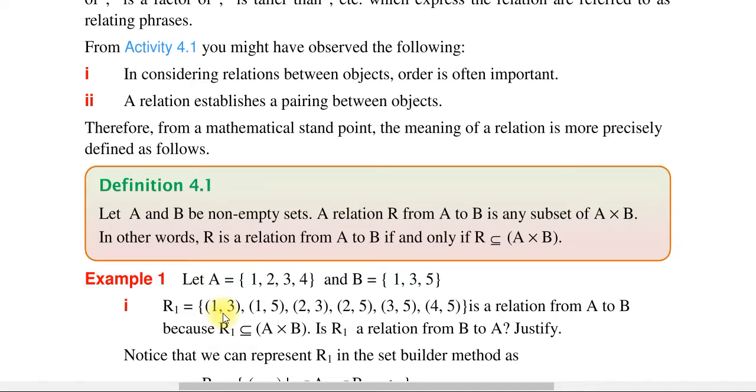R1 is a set of (1,3), (1,5), (2,3), (2,5), (3,5), (4,5) is a relation from A to B because R1 is a subset of A cross B ነው የሚለው። ኦኬ እዚህ ላይ ያለው ዴፊኒሽን እንደዛ ነው። ያ ማለት a relation R from A to B። አሁን እዚህ ላይ ሪሌሽን from A to B ማለት የመጀመሪያው ኦርደር እንደምታዩት 1 1 2 2 3 4 የሚለው የA ቫልዩ ነው። እዚህ ጋር ደግሞ ሁለተኛው ፔር 3 5 3 5 5 5 የሚለው ደግሞ የB ነው ማለት። ስለዚህ from A to B ነው ሪሌሽኑ። እና ደግሞ R የማን ሳብሴት ነው?